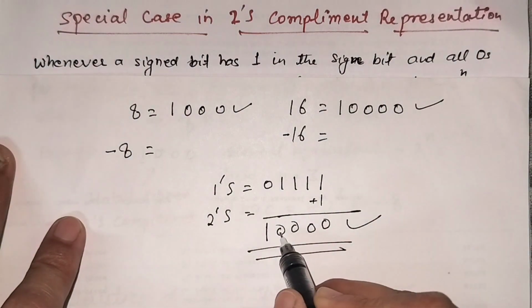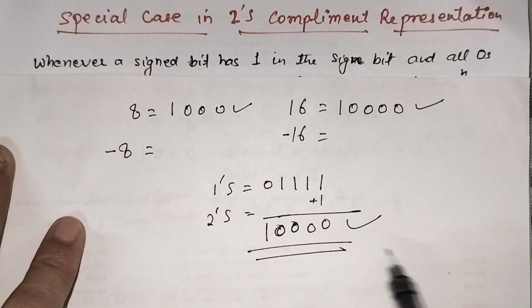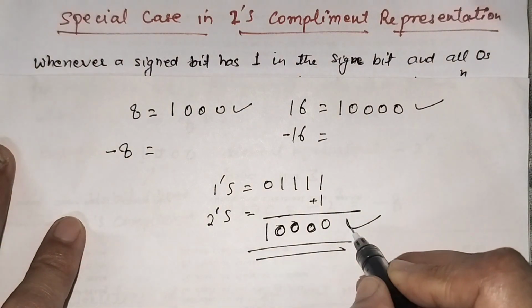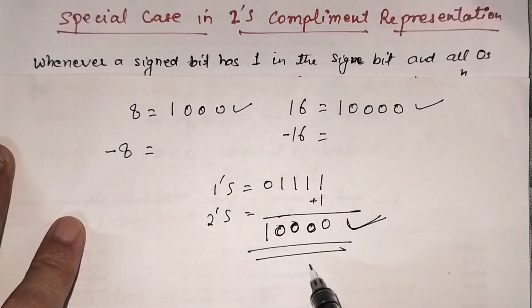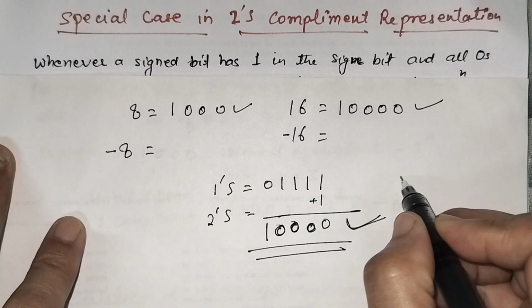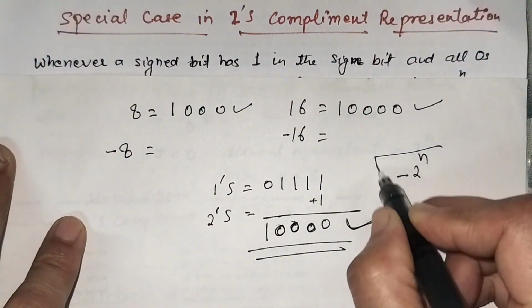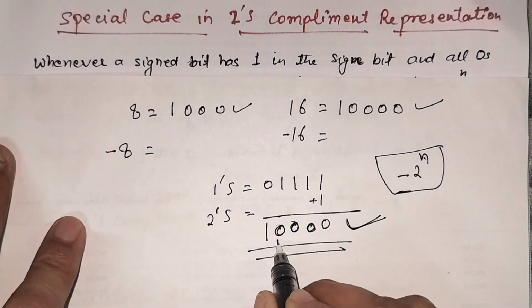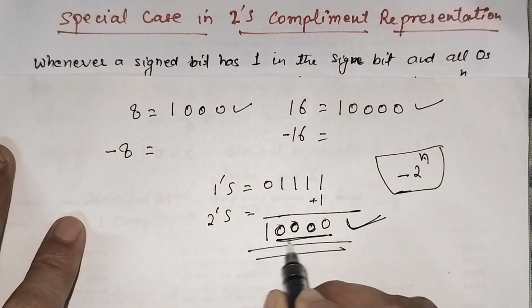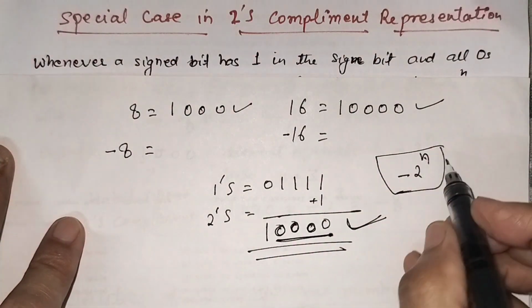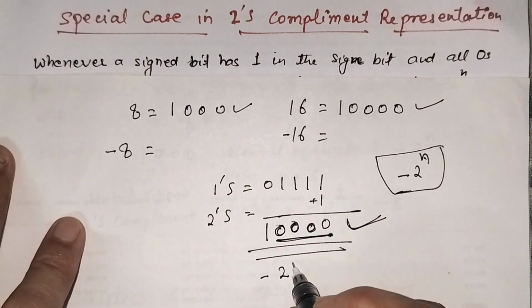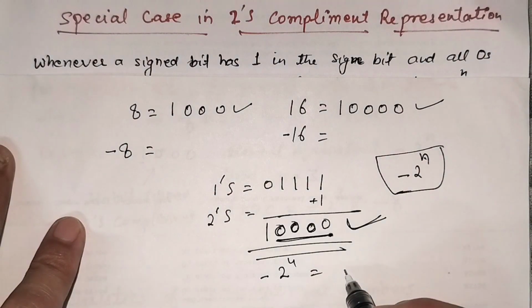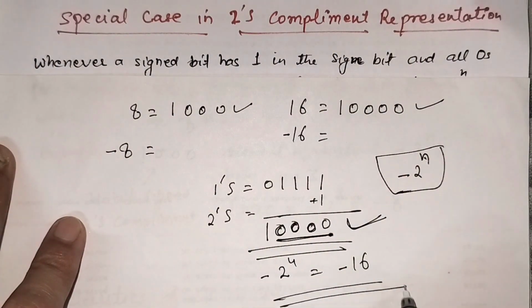So when we have a binary number in 2's complement, we can find its decimal equivalent using this formula, where n is the number of zeros, meaning the number of magnitude bits. So minus 2 raised to power 4 is equal to minus 16.